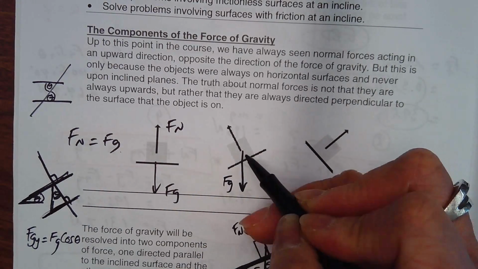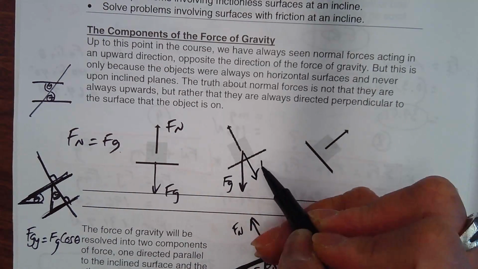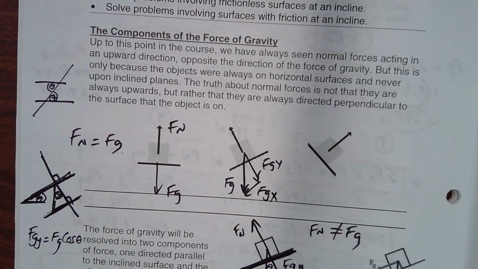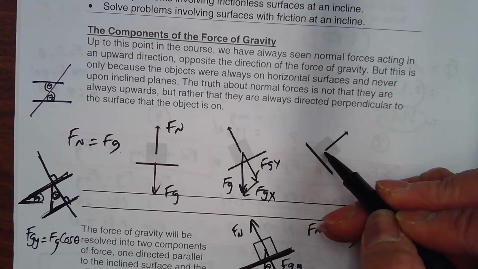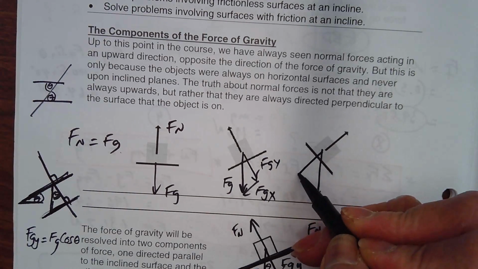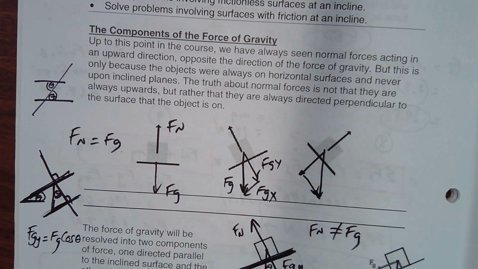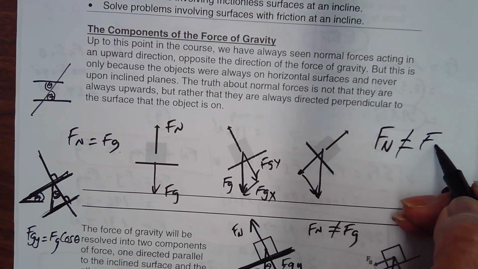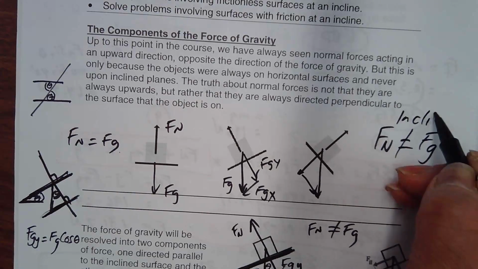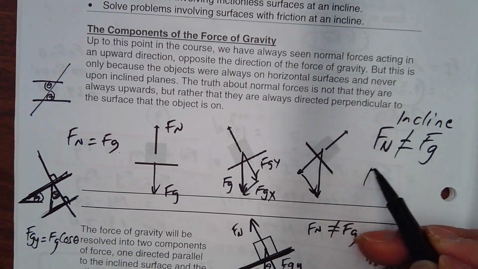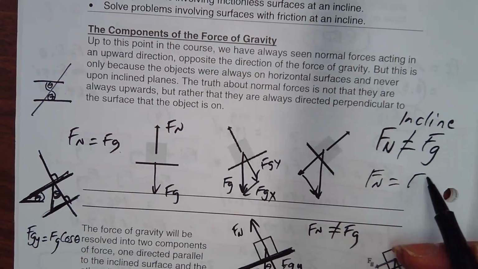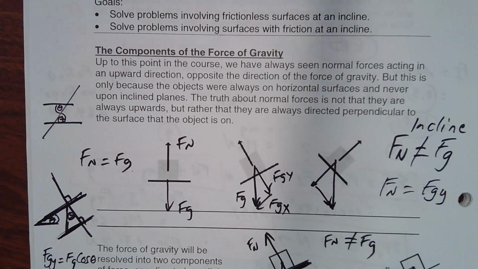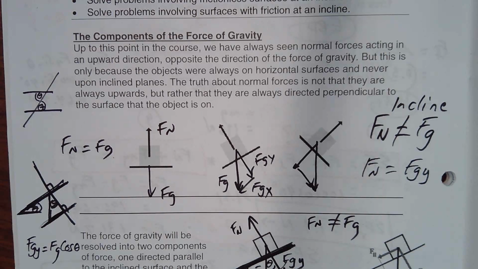This is your FG, this is your FG of Y, and this is the FG of X. The point is your Fn is no longer equal to Fg when you're dealing with inclines. Your Fn is actually equal to the Fg of Y.